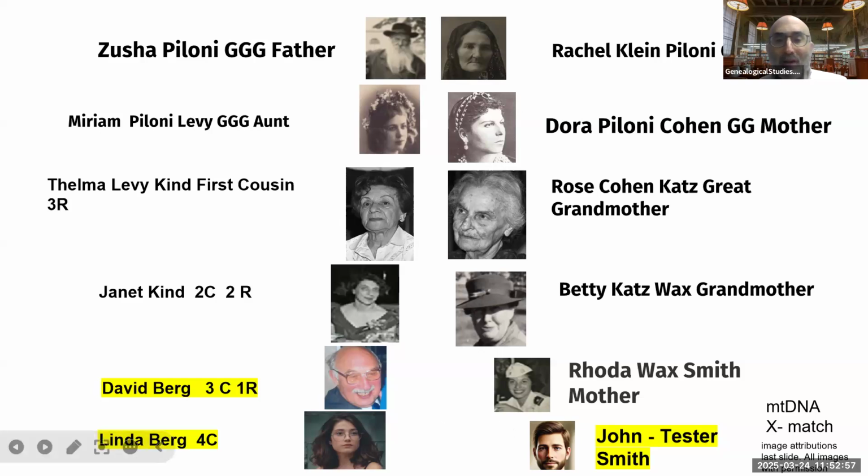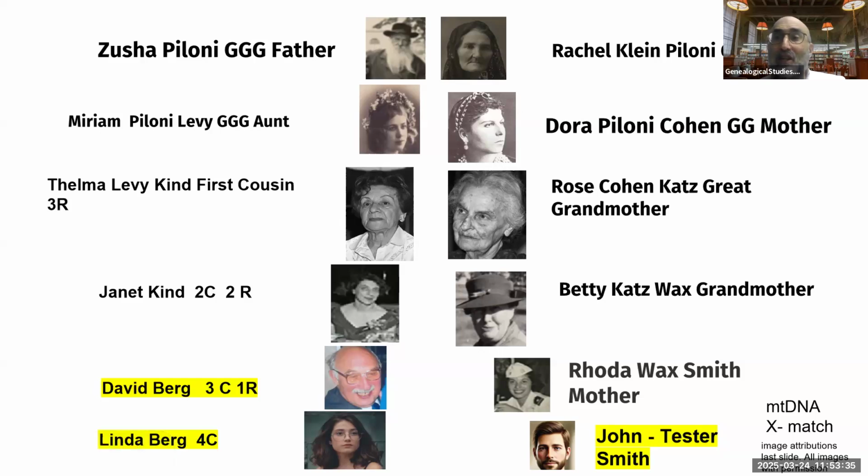Now, what you can note here from this graphic representation, both David Berg and John Smith are male descendants from direct female lines from their most recent common ancestors, who I've named Zusha Pelosi and Rachel Klein Poloni. The reason it's important to remember, when we're mapping what we believe are the ancestral segments from this couple, is that both David and John are direct descendants of female lines.